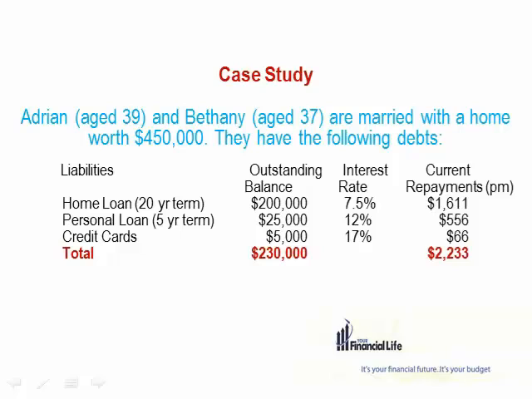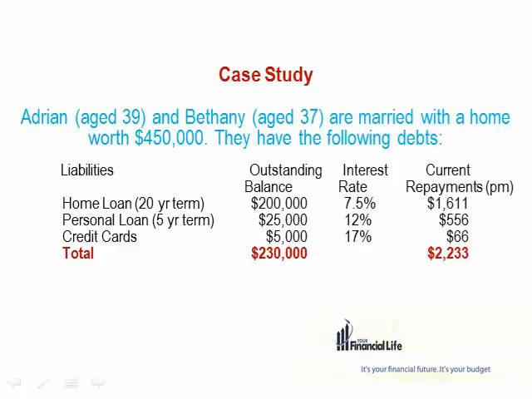Assuming their lender approves the application, the balance on their home loan increases to $230,000 and will be subject to their 7.5% interest rate in this example. The result is a new minimum monthly payment of about $1,853 and cash flow savings of $380 in the first month alone. So let's look at what the results are.